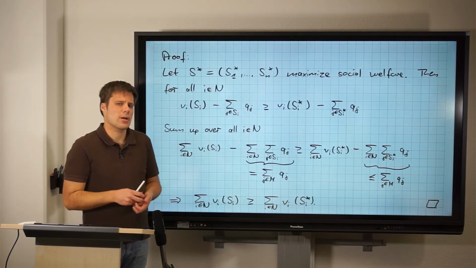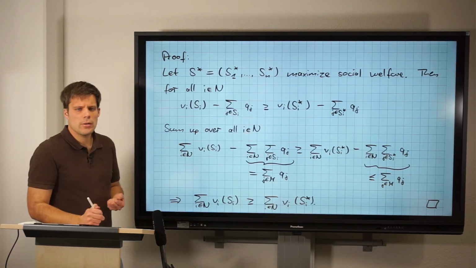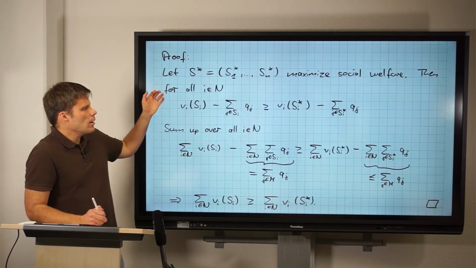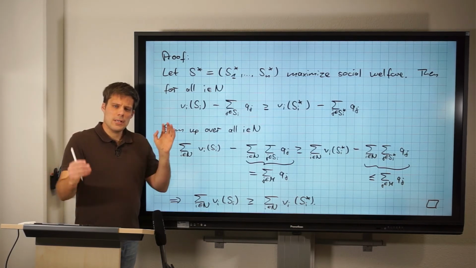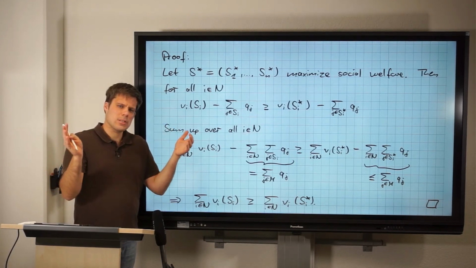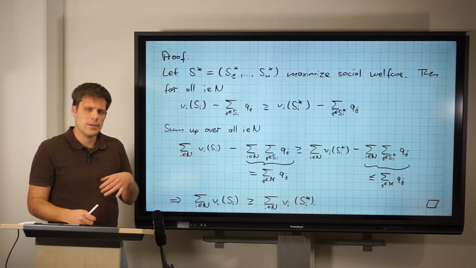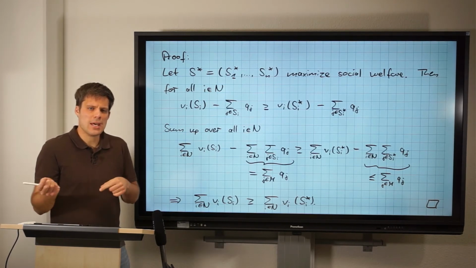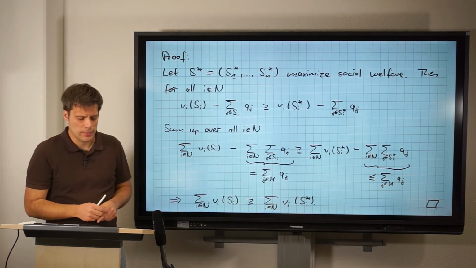Sometimes it is strong LP duality. But if you don't know LP duality, doesn't matter for now. All you have to see is that if there is this Walrasian equilibrium consisting of an allocation and prices, so that everybody is happy with this allocation given these prices, then this allocation has to maximize social welfare. And this is the entire argument.